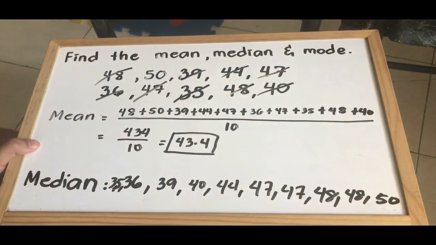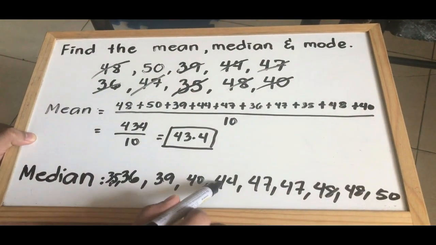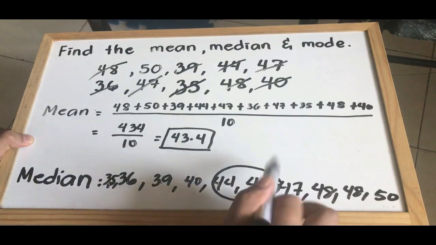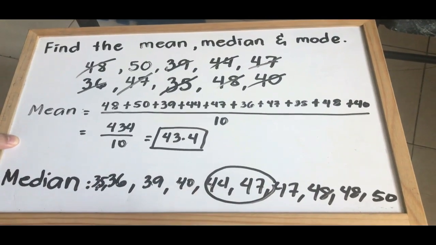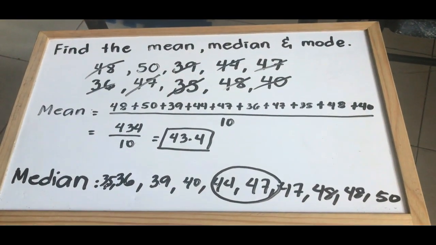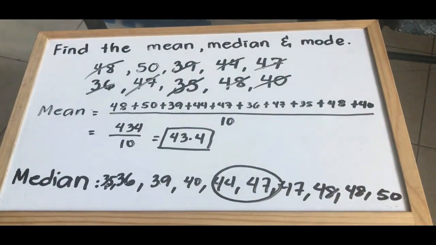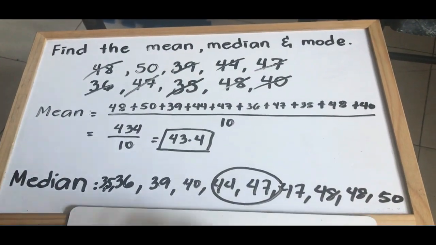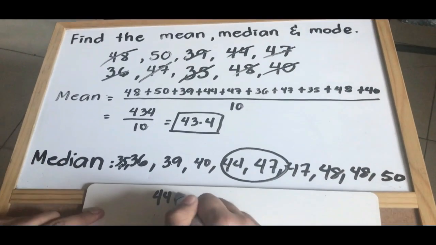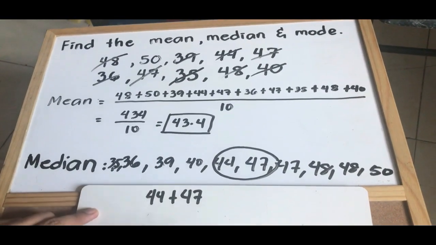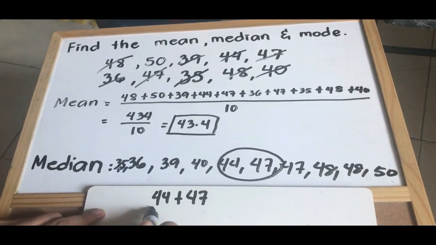So get the two middlemost data. So 1, 2, 3, 4, 5. The two middlemost data are 44 and 47. So add 44 and 47. Since we have two middlemost data, divide by 2.